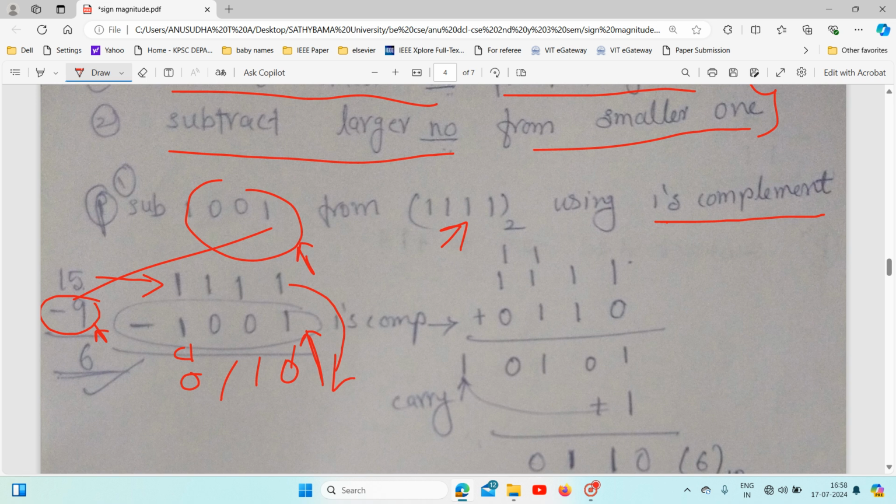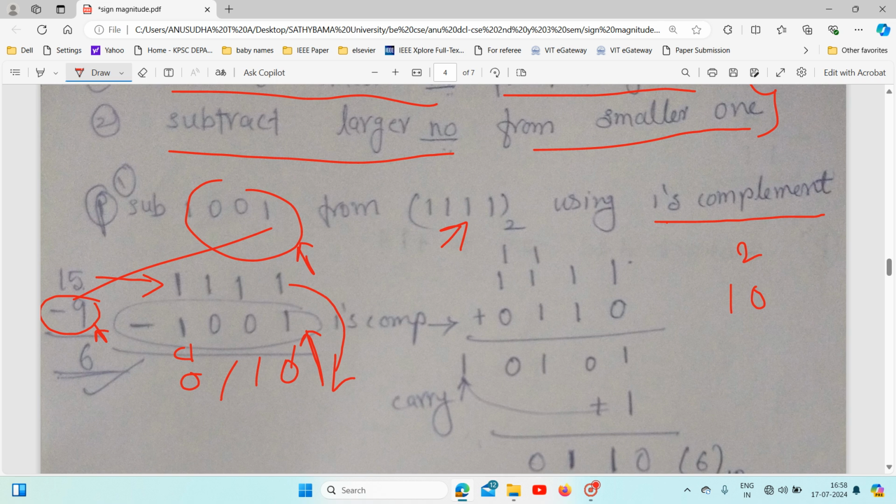So this is the ones complement of minus 9. See here, 1 plus 0, the result is 1. 1 plus 1, the result is 1, 0, which is the representation of decimal value 2.